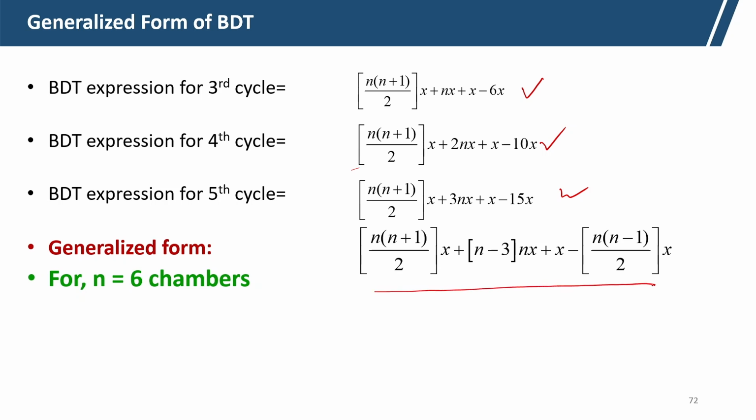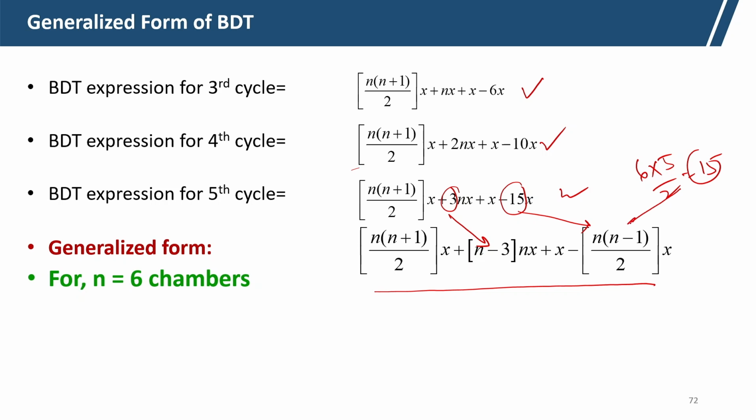So, this 3 can be arrived at as n minus 3, where n is 6. That is how we get it, and this 15 can be arrived at as n multiplied by n minus 1 by 2, that means it is 6 multiplied by 5 by 2, which is 15.